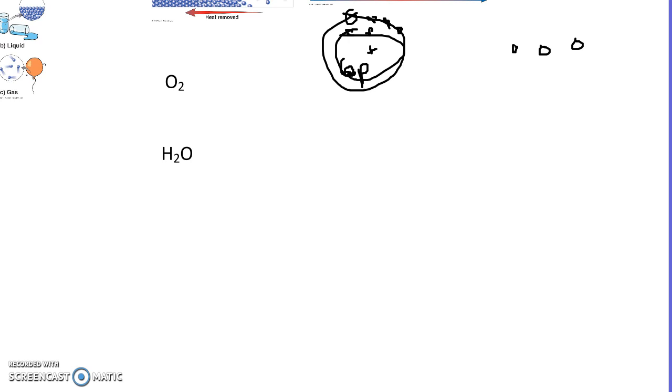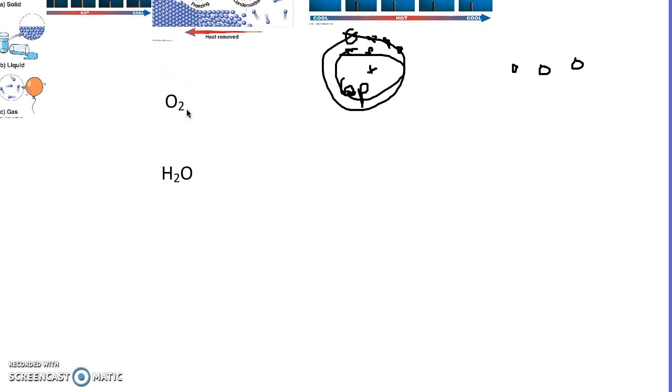Now, anytime you have more than one atom held together, there are forces that help hold them together, and these are usually electrical forces. We call these forces intermolecular. In other words, inter means between, so intermolecular forces are just forces between molecules, and they hold the molecules together.